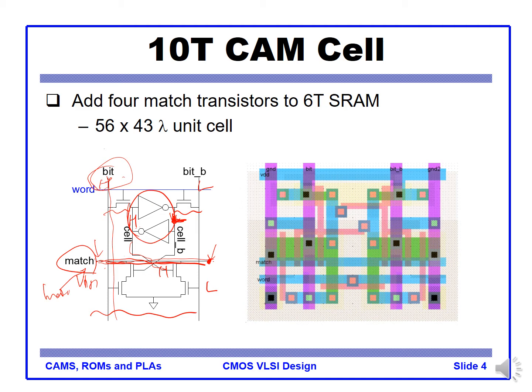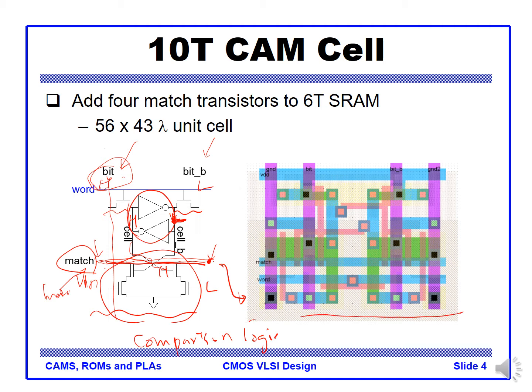One of the pull-down paths will conduct, so the match line will go down. So this is the typical comparison block logic. By having an additional 4 transistors there, we can do the comparison with the data provided onto the bit and bit bar.